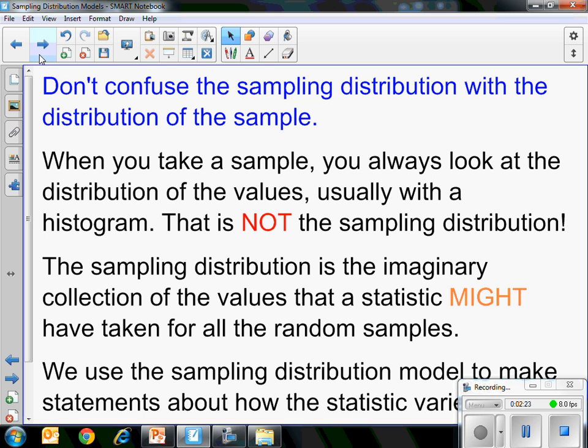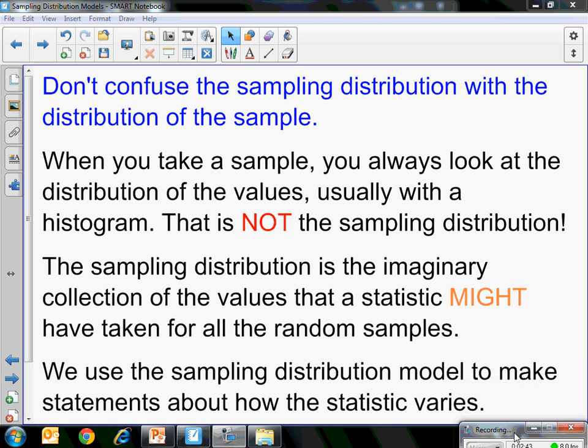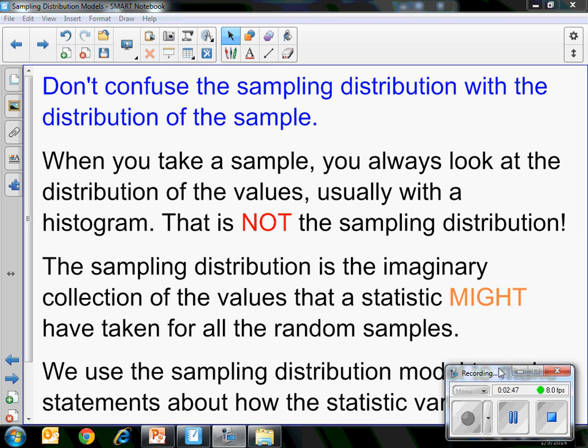That is not the sampling distribution. The sampling distribution is the imaginary collection of the values of the statistic from all of the random samples that might have been taken. We use the sampling distribution model to make statements about how the statistic varies.